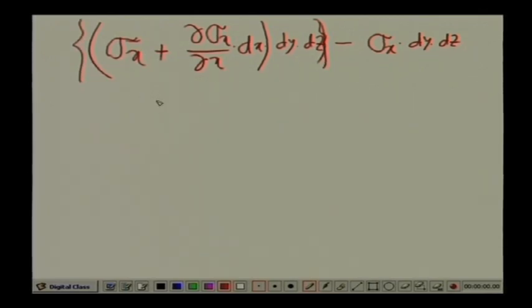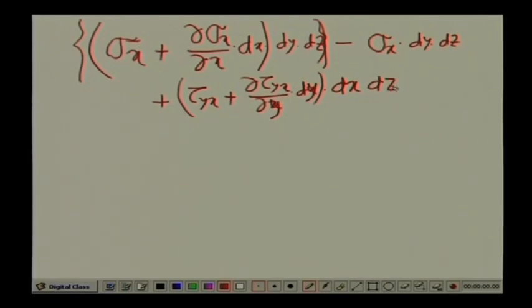Also, in this direction we have plus tau yx plus del tau yx del y times dy acting over the area dx and dz, minus tau yx dx dz.